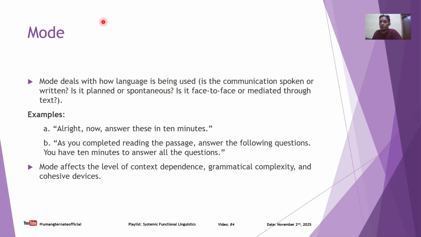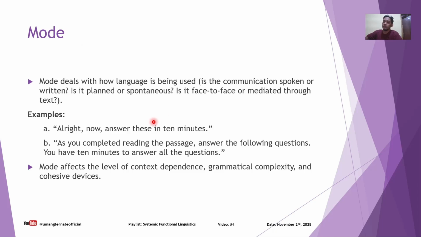To identify the mode, we need to answer questions like these. Is the communication spoken or written? Is it planned or spontaneous? Is it face to face or mediated through text? Okay, so the answers to these questions will help us to identify the mode of the discourse.